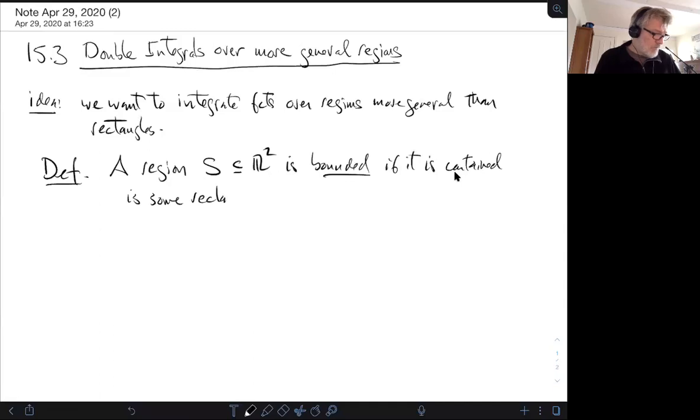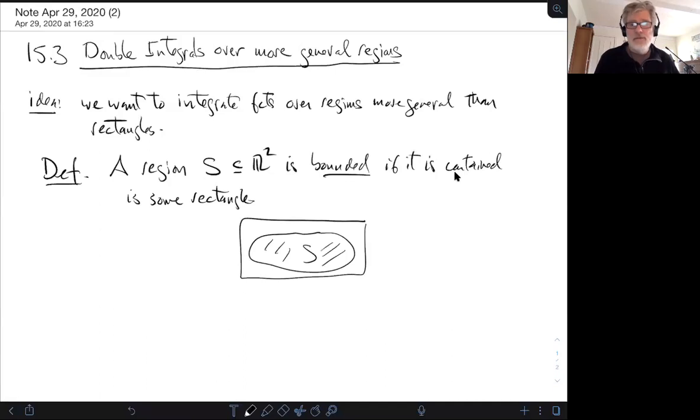So in other words, it doesn't fly off to infinity in any direction. Okay, so you can think of something like this. This is S. You can draw a rectangle around it. That means that the region is, we call that a bounded region.